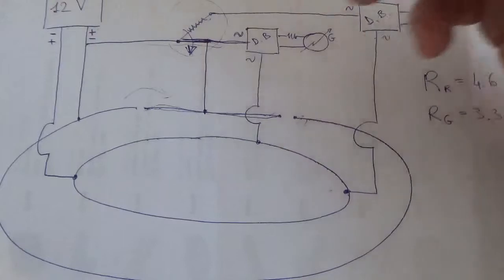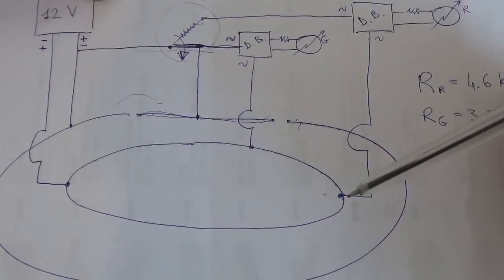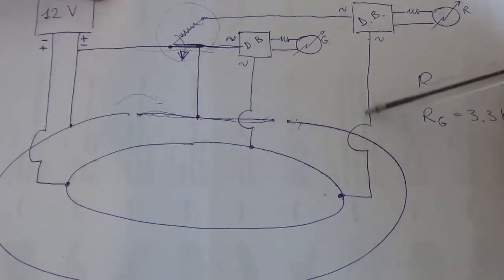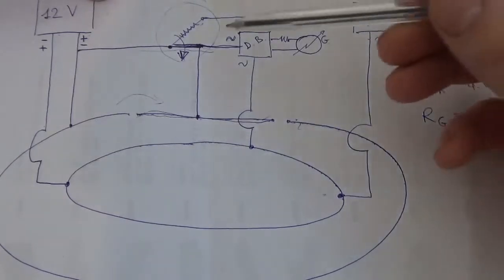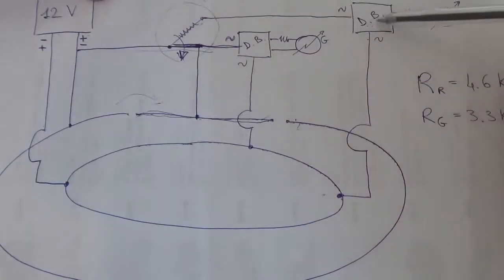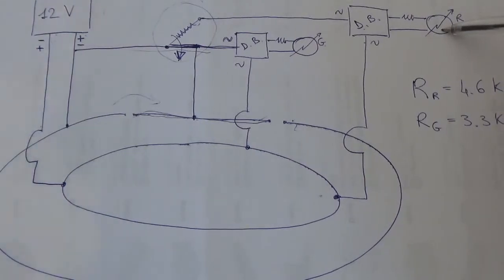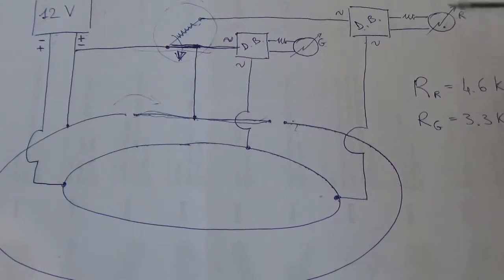Okay, once again in this situation what you have to notice is that this one here is now the open circuit, because the position of the switch has been changed. There's no tension in it, and therefore the red LED is off.